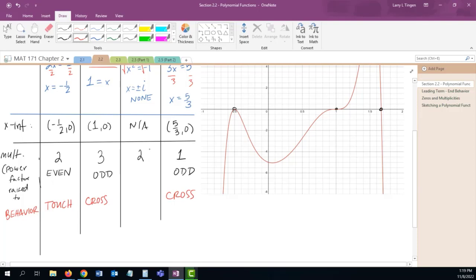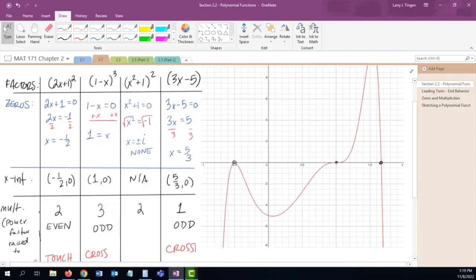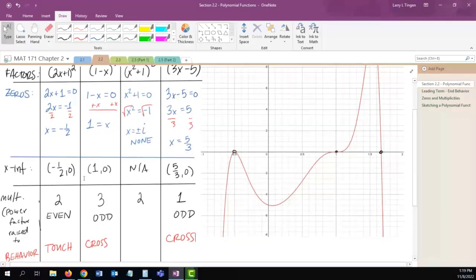So whenever I take my polynomial, I get it down into its factored form, I'm going to check the multiplicities, and if the 0 at negative 1/2, 0 has an even multiplicity, when I go to sketch this graph, it's going to touch. All right. And then if I have one that's odd, it's going to cross.